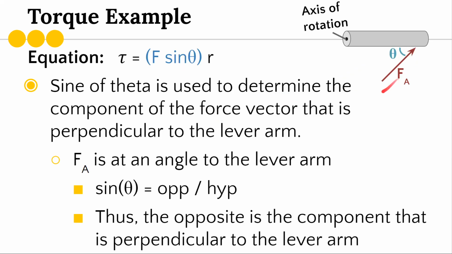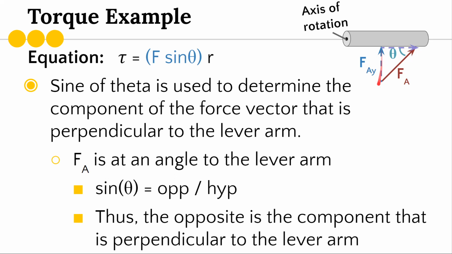However, if you push at an angle, so here's a different force being applied at some angle I've labeled theta, and this is F_A, and it is at an angle to the lever arm. If you have a force applied at an angle, you have to use sine of theta to determine the component. This is the component specifically that we're looking for. Part of this force is horizontal, part of it is vertical.